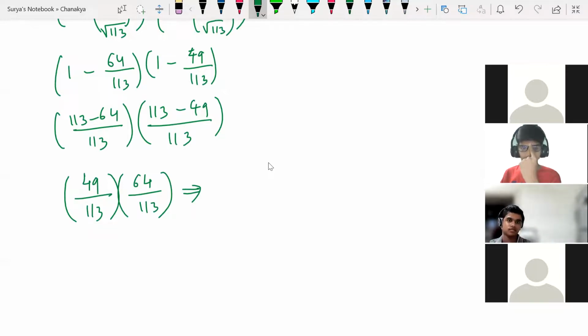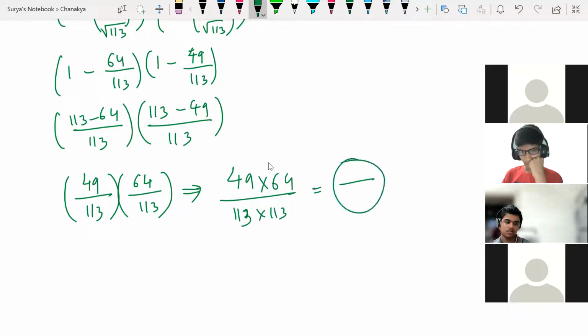Both 49 and 64. Then the denominator will have a root, and if we multiply them, then we get 113, and the numerator as perfect squares. Yes, that is the only possibility. Multiply this, that is your answer, fraction. Multiply that, write the answer in fraction. We can't do cross multiplication.